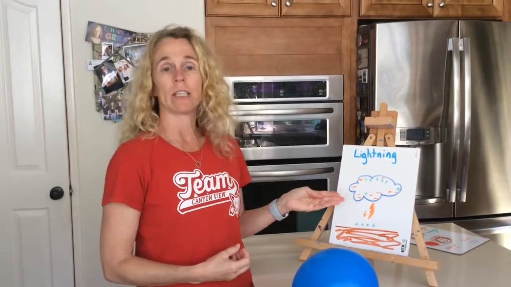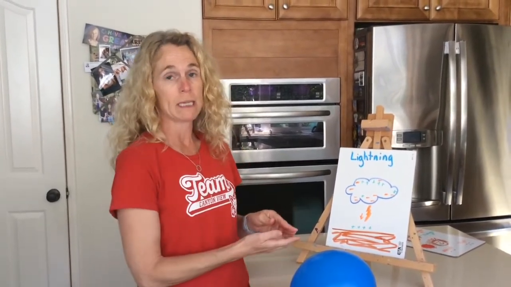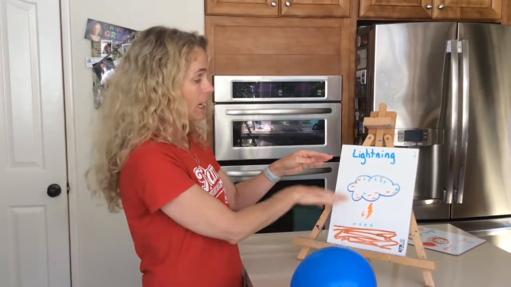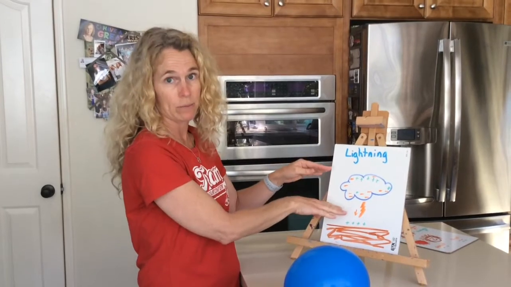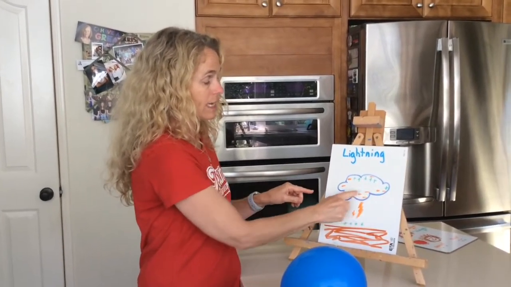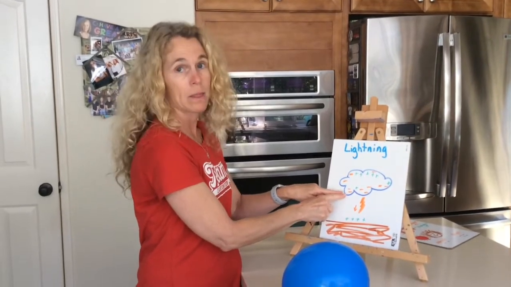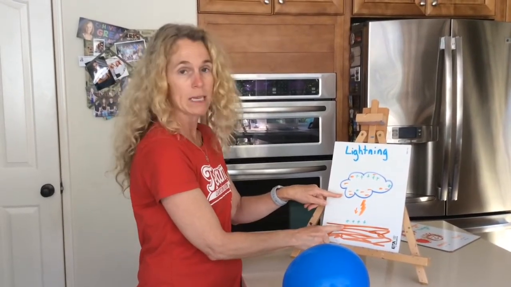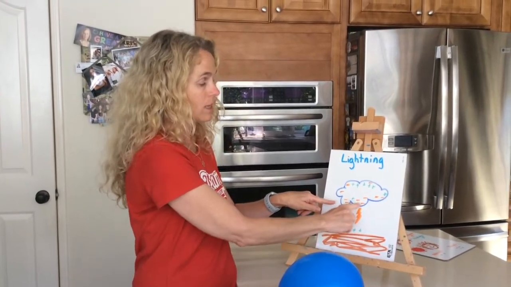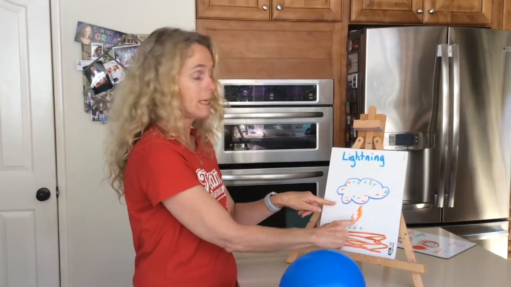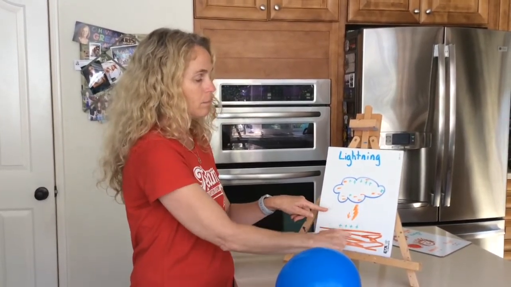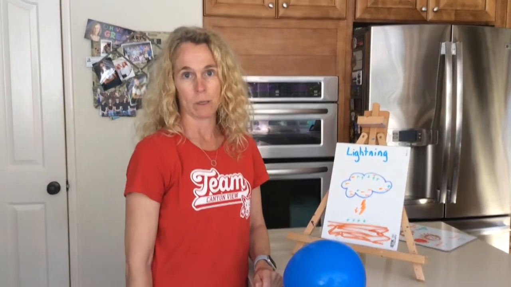And when these charges get polarized, which means most of one kind of charge goes to one part of the cloud and another charge goes to the other part of the cloud, and negative charges build up on the bottom of the cloud, it can be attracted to positive charges built up on the ground, and then those electrons can travel through the air. So the pathway would be the air to the ground, and zap, that's how lightning works.